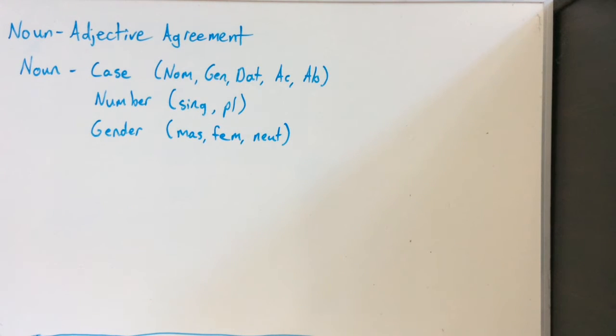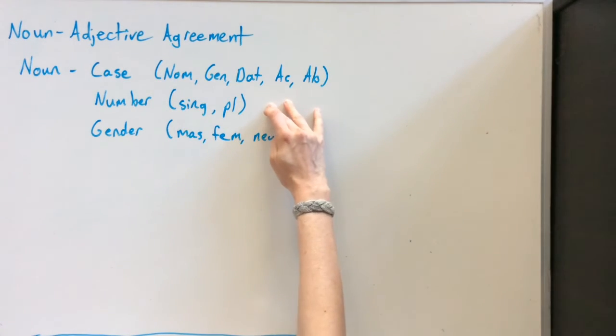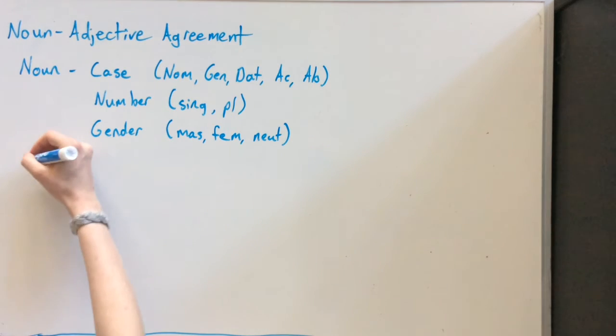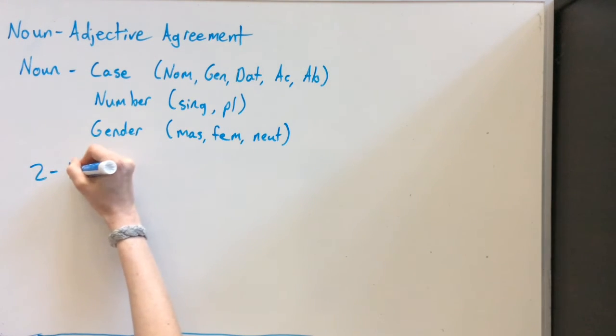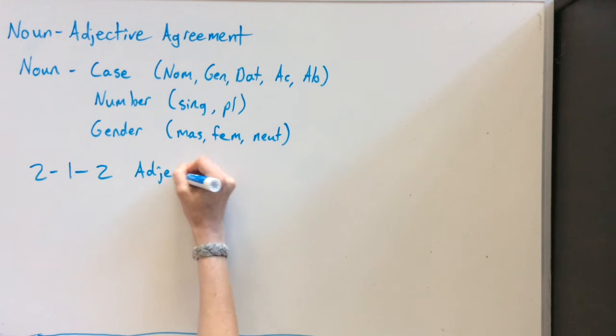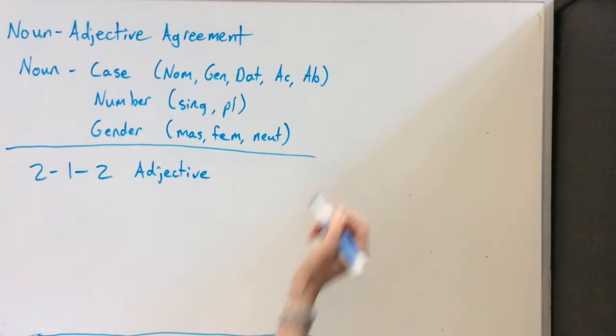Now, when we look at that, we see 5 cases, 2 numbers, that's 10, 3 genders. An adjective can need up to 30 endings in order to match with every possible noun. And one of the ways that they can do that, there's one type of adjective called the 2-1-2 adjective that we're going to talk about right now.